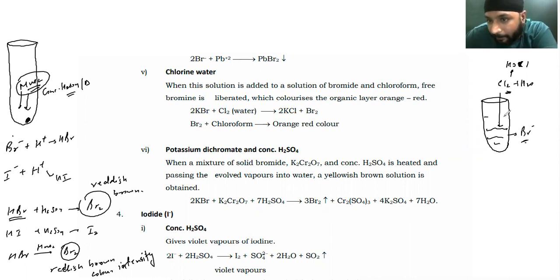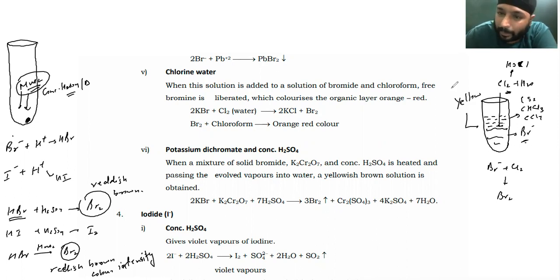And above that, I have a layer of chloroform or CS2, whatever organic solvent you want to take. I can take CHCl3, I can take CCl4, I can take CS2. What happened? This reddish brown gas will evolve due to oxidation, and this reddish brown gas is readily soluble in this organic layer. So this produces a yellowish orange color, not brownish orange, in that particular layer.